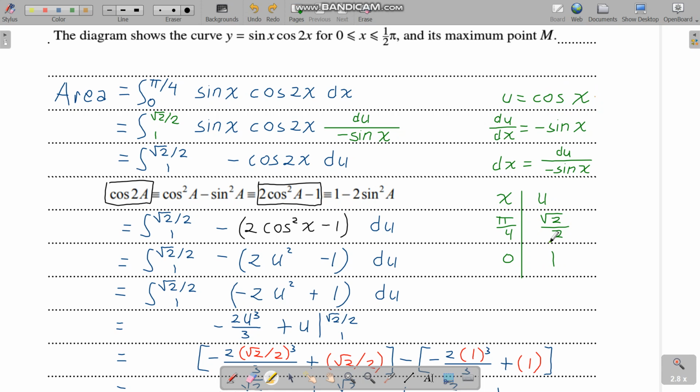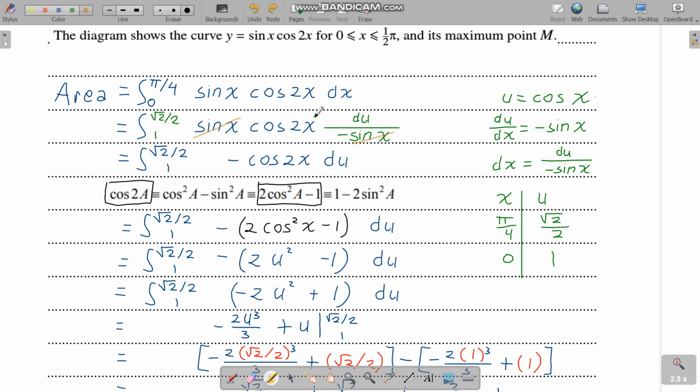Okay, so we are ready to substitute everything. We replace the 0 with 1, the pi over 4 with root 2 over 2 from here, and we replace the dx with du over minus sine x. And of course we cancel out sine x, but we still have cos 2x.